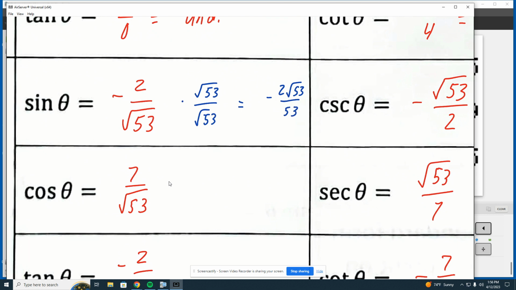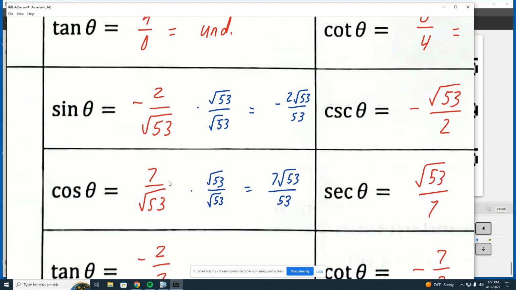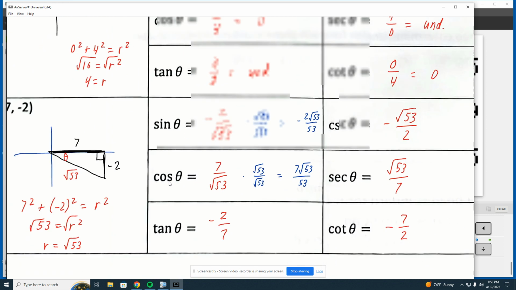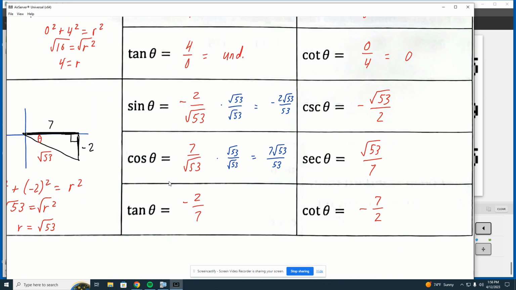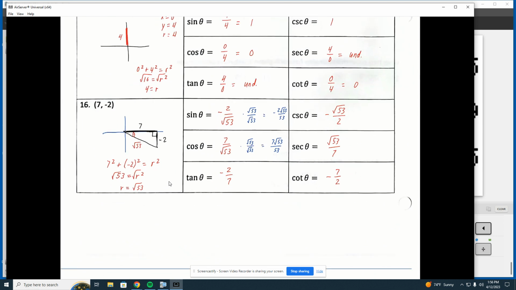That gets the radical out of the denominator. Here, you could multiply by the square root of 53 over square root of 53. So that will equal 7 square root of 53 over 53. So I would be okay with you doing those, but again, I'm fine with you also leaving them, even with the radical in the denominator. I know that math doesn't generally like that, but I'm not going to have a problem with it personally.